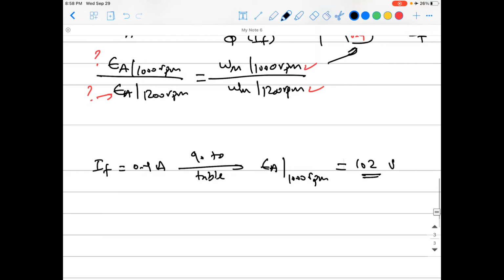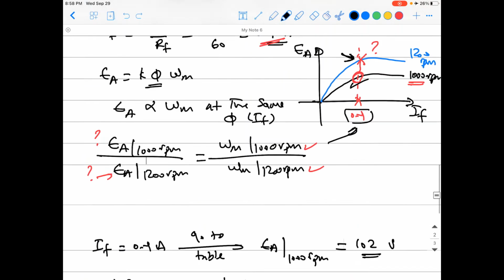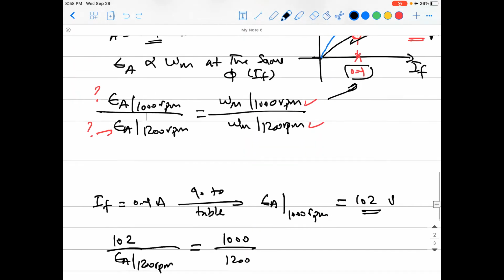So we'll use the same direct relationship. So 102 over EA at 1200 RPMs will equal the speed at 1000 RPMs divided by the speed at 1200 RPMs. Actually, that is omega M. If you remember, as I said, omega M is basically 2 pi over 60 times the N RPM.